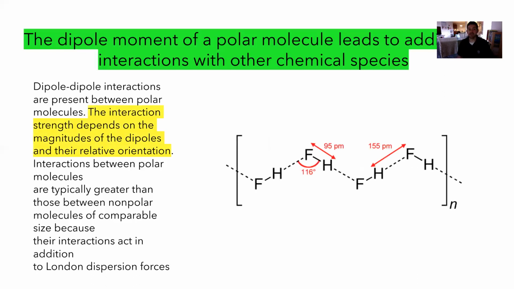Now, something to think about with their orientations. The orientations will start to dictate the shapes they'll take on. So when we think about HF molecules, they're going to get this kind of up and down chain, because of the space between them and because of how the hydrogen is attracted to the fluorine of a different molecule, and then the fluorine from a different molecule is attracted to another hydrogen. It just keeps going.